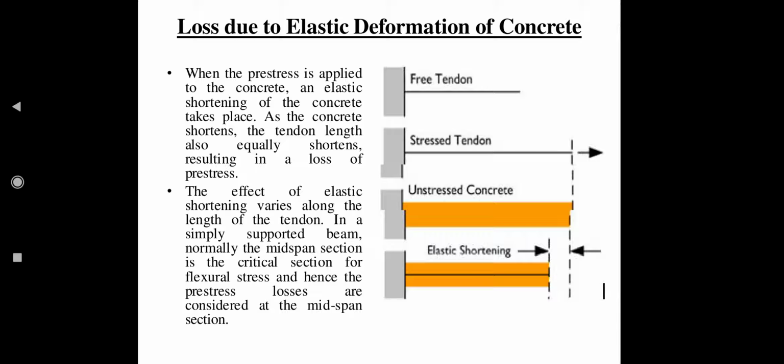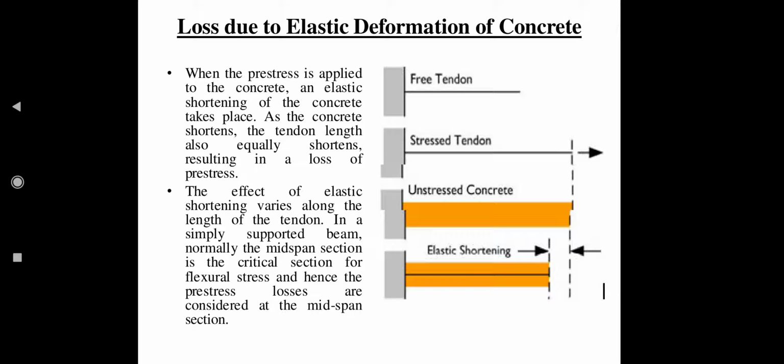So concrete is placed over the tendon, so the stresses which are developed in the tendon are transferred to the concrete. In the fourth figure you can see the length of the concrete member has been reduced. So it is called elastic shortening.